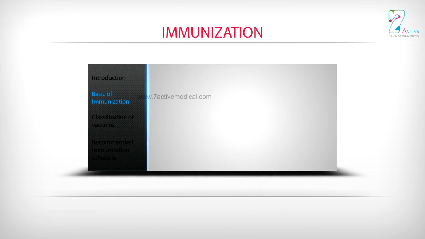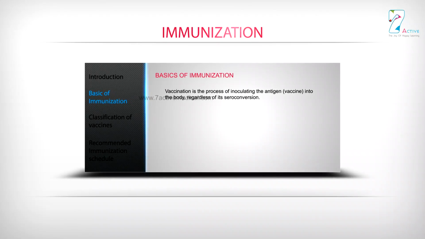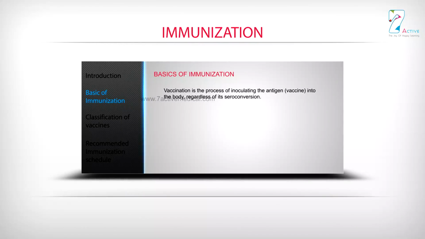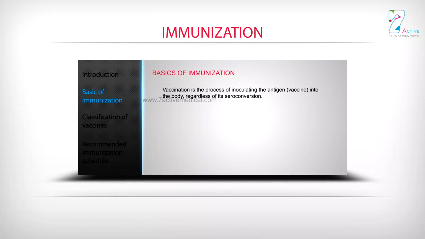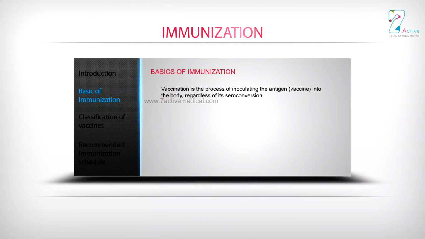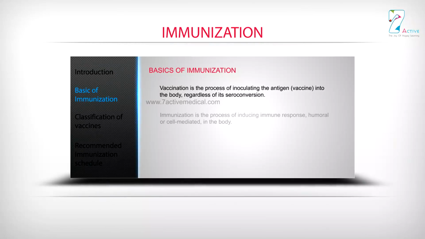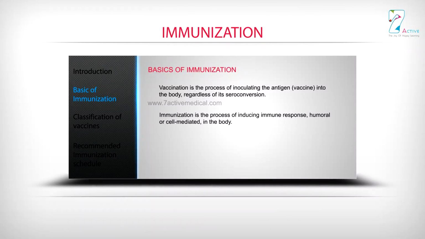Basics of immunization. Vaccination is the process of inoculating the antigen or vaccine into the body regardless of its seroconversion. Immunization is the process of inducing immune response, humoral or cell-mediated, in the body.